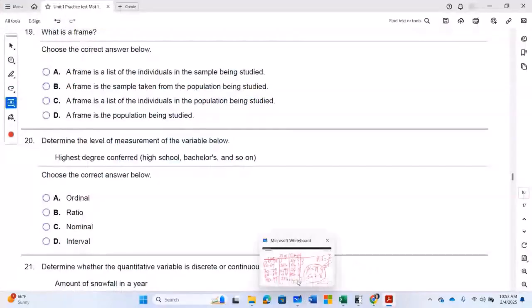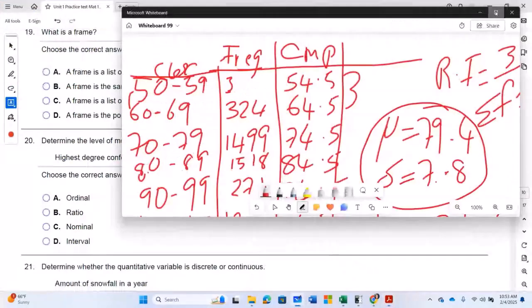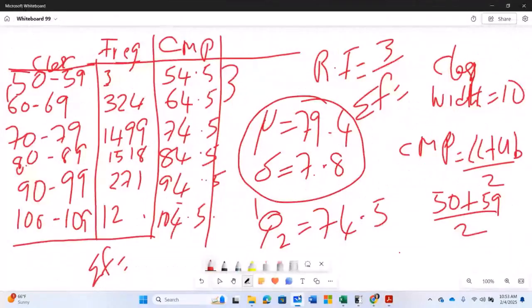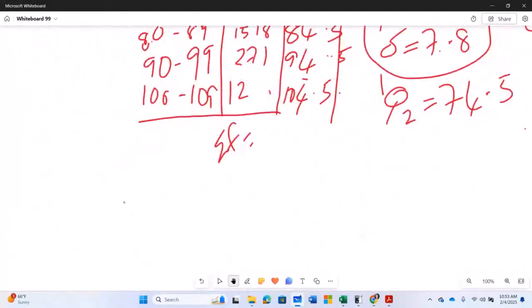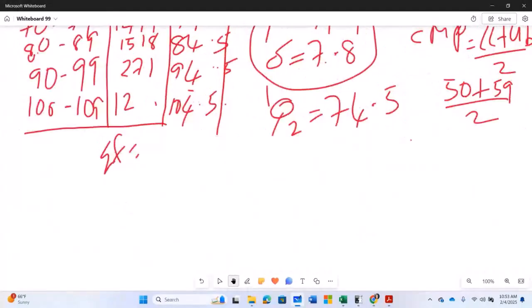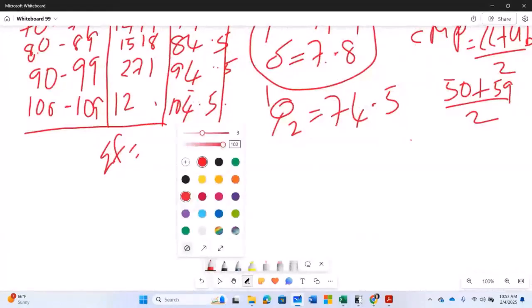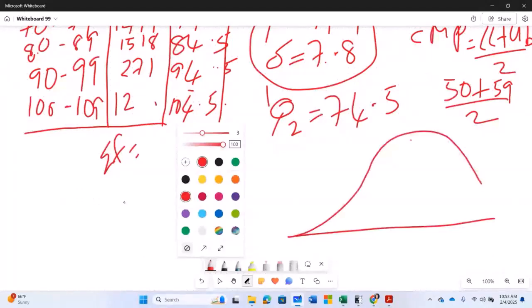I'm going to expand this now, and grab this and move it up. I'm going to actually draw a normal curve also, and show that the mean is at the center.